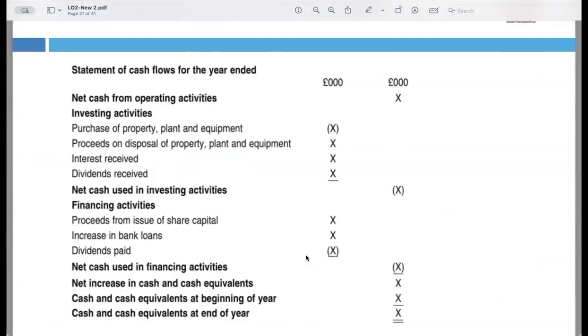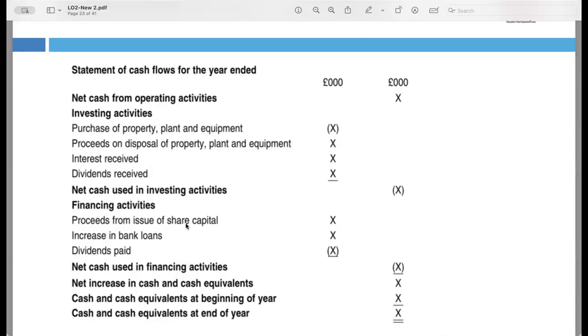So the statement of cash flows concludes the series of financial statements by summarizing all cash movements within an entity over a specific accounting period. This statement provides vital insights into an organization's ability to generate cash and cash equivalents. Overview: the statement of cash flows typically consists of three main sections: operating activities, investing activities, and then financing activities.